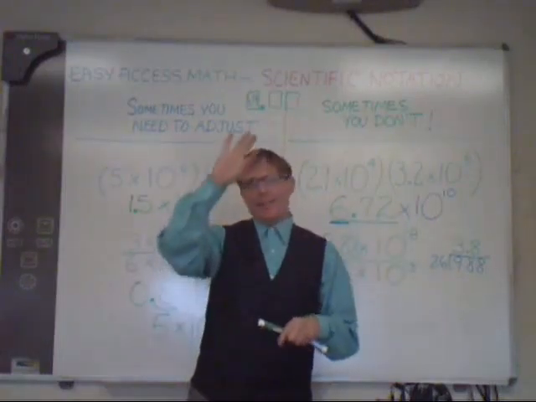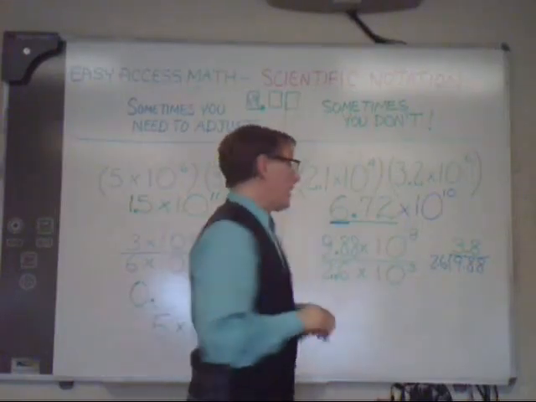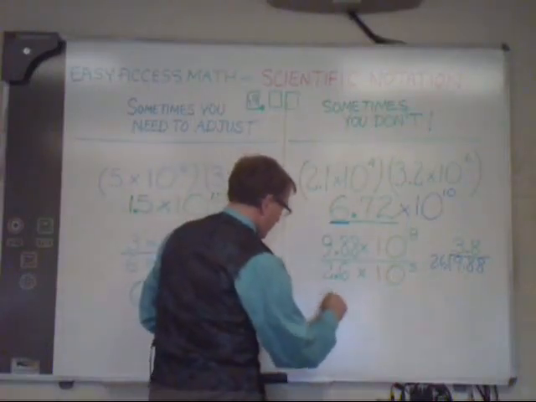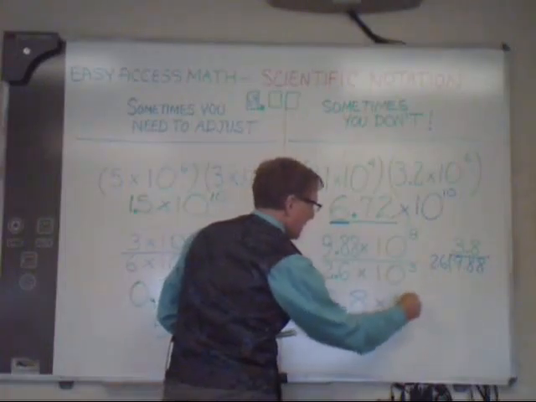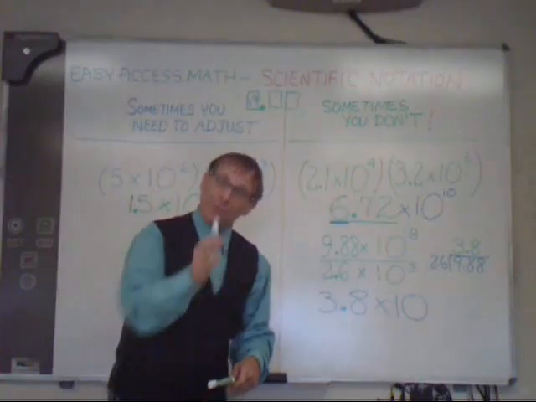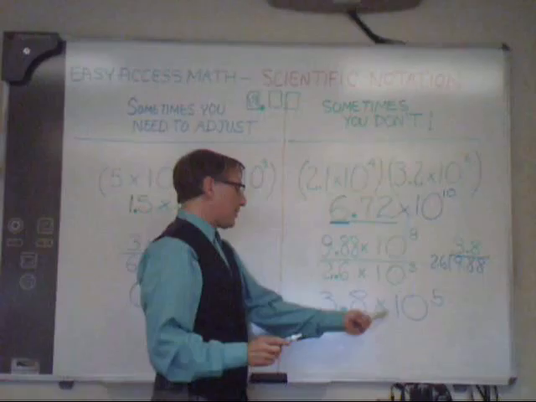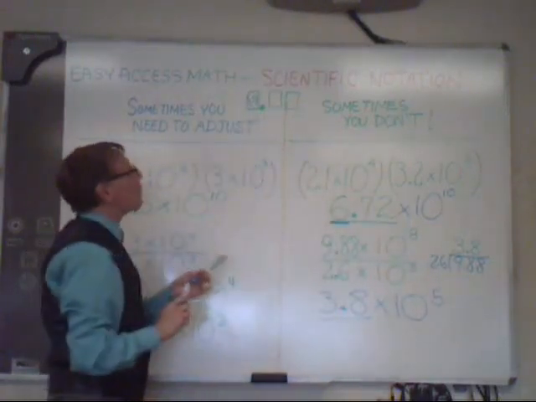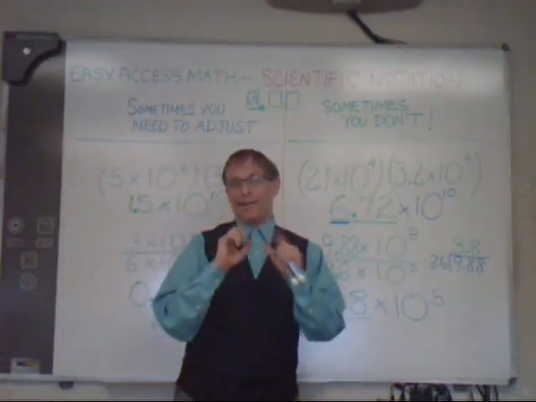Just put in the search long division, and you'll see a lot of help on that if you need to brush up. But the answer would be 3.8 times 10, and 8 take away 3, because when we divide exponents we subtract, is 5. 3.8 times 10 to the 5th power. Don't need to adjust because, again, 3.8 fits nicely between 1 and 9.